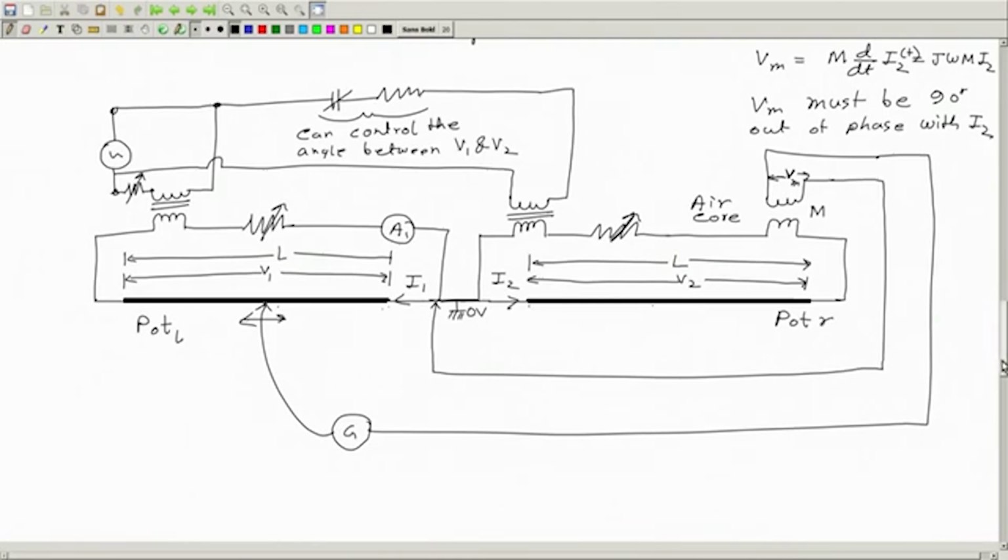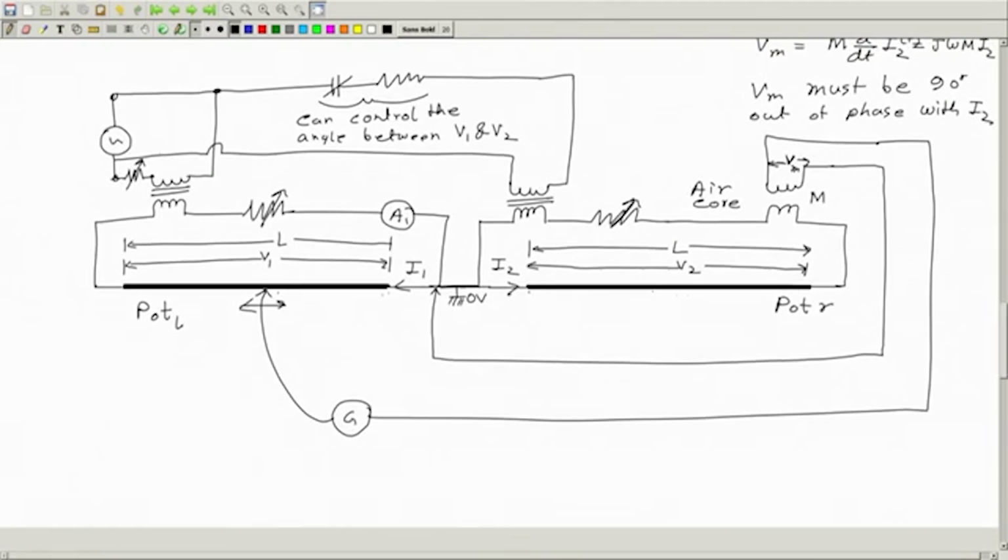Now this voltage V2 is in phase with I2. V2 and I2 are in the same phase because this circuit is resistive, so V2 is nothing but I2 multiplied by some resistance.